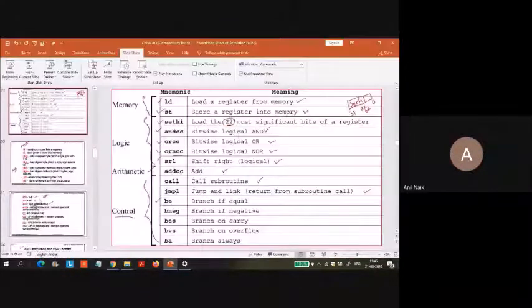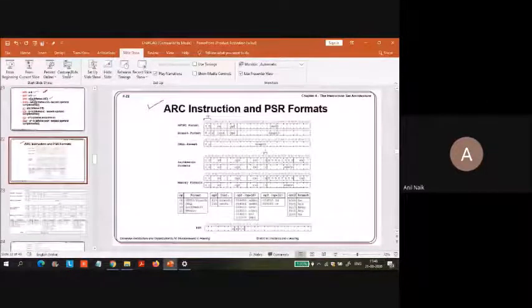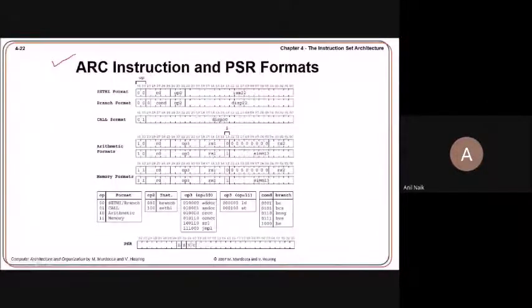So now let us discuss a very important concept, important from your exam point of view also: ARC instructions and PSR formats. ARC computer instructions, each instruction has a format. For example, in 8086 also the instructions have their own format, how they represent the data.